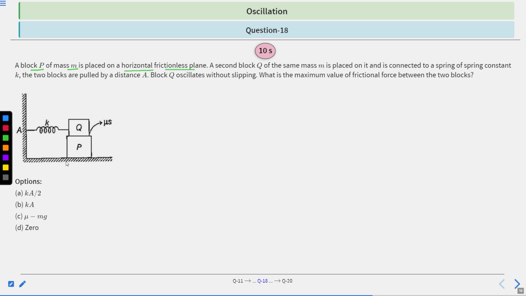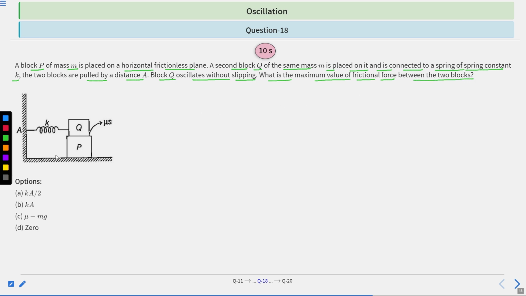A second block Q, of the same mass M, is placed on it and it is connected to a spring of spring constant K. The two blocks are pulled by a distance A. Block Q oscillates without slipping. What is the maximum value of frictional force between the two blocks?